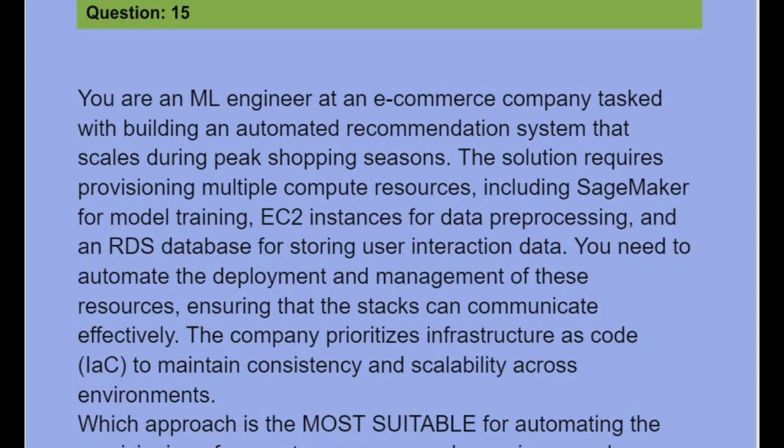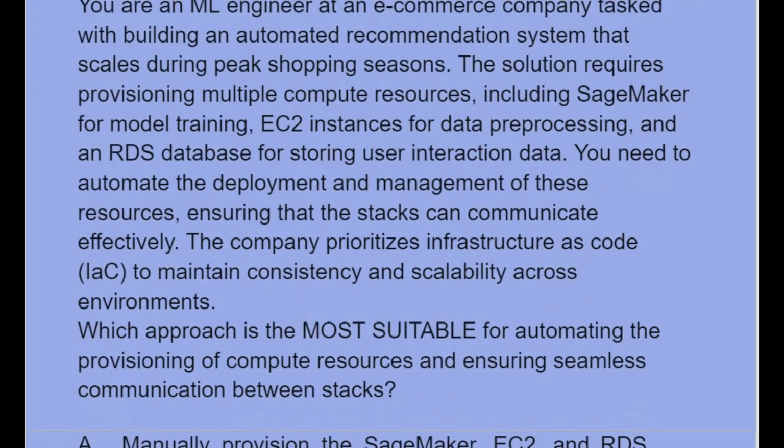You need to automate the deployment and management of these resources, ensuring that the stacks can communicate effectively. The company prioritizes infrastructure as code, IaC, to maintain consistency and scalability across environments. Which approach is the most suitable for automating the provisioning of compute resources and ensuring seamless communication between stacks?